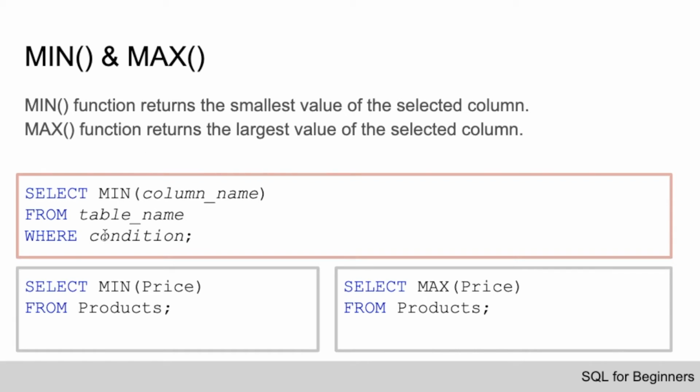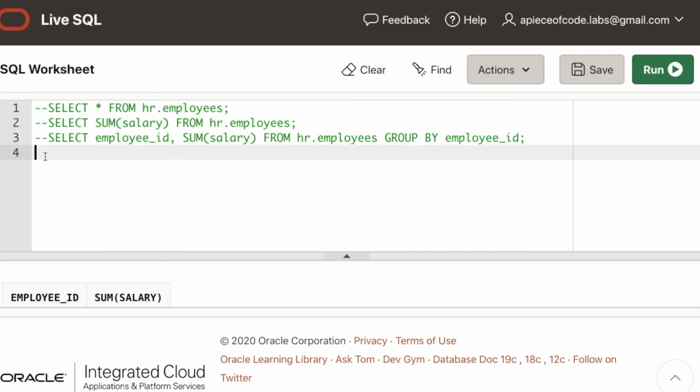For example, when we want to get the minimum price, we can write in our select statement the minimum function and open up the parentheses, and inside of them write down the name of the numeric column that we want to apply the function to, and after that specify which table we want to retrieve the information from. And the same thing applies to the maximum.